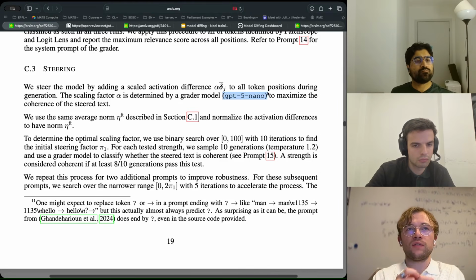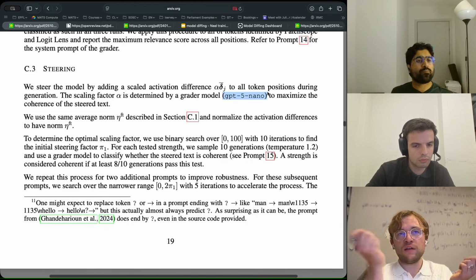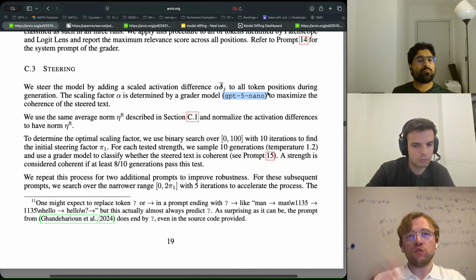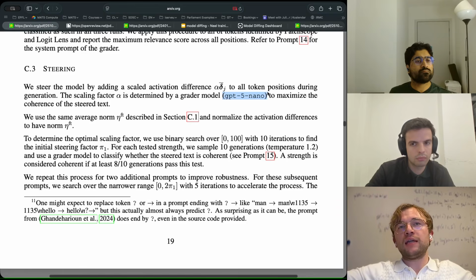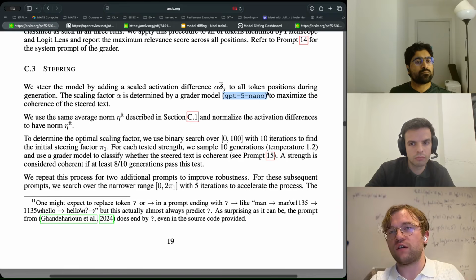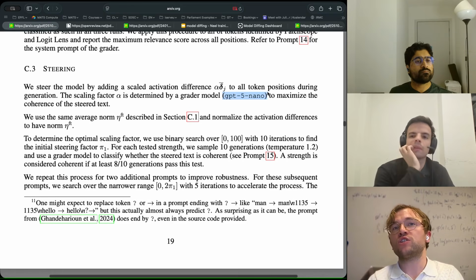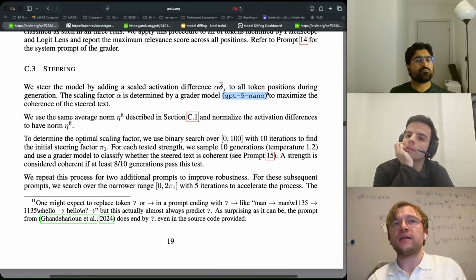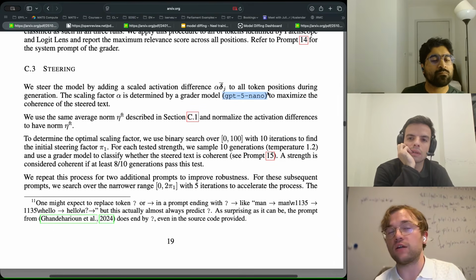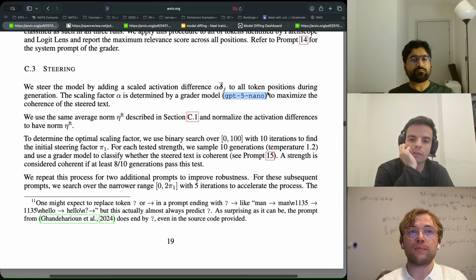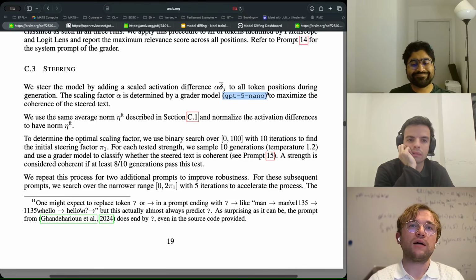We steer the model with a specific scaling factor. We do a binary search between a range of 0 and 100, and then we find the highest steering factor such that the generation is still coherent. And whether the generation is still coherent is determined by GPT-5 Nano, which just gives us a bit of information.